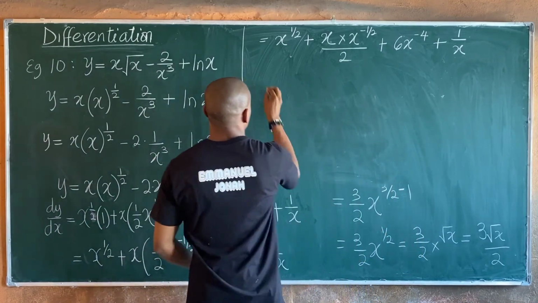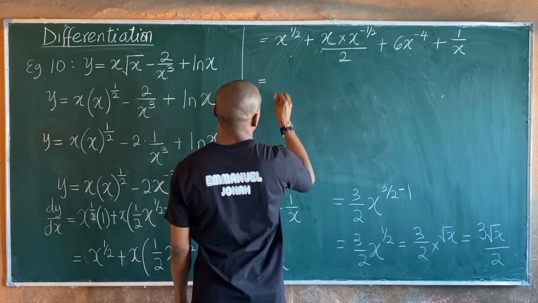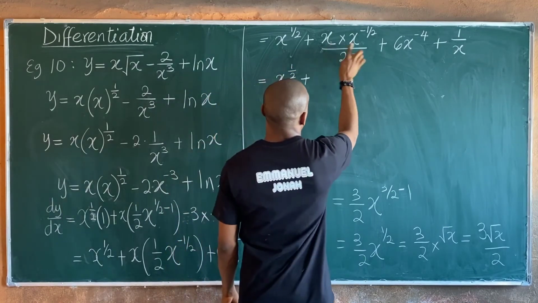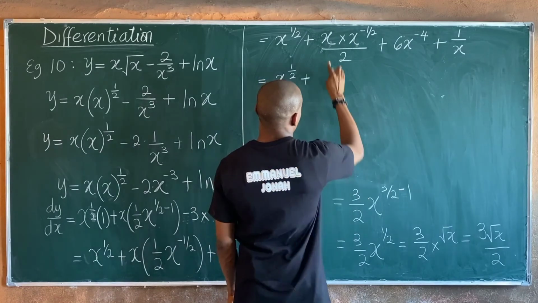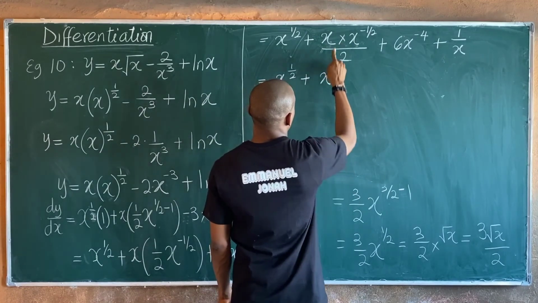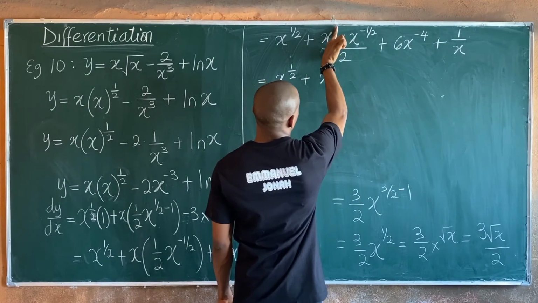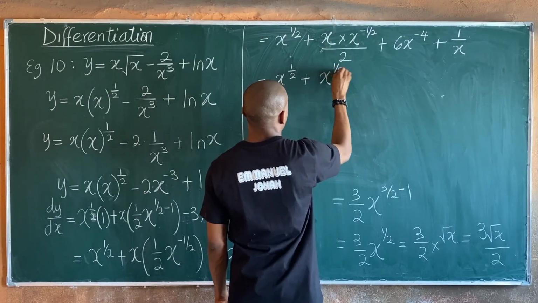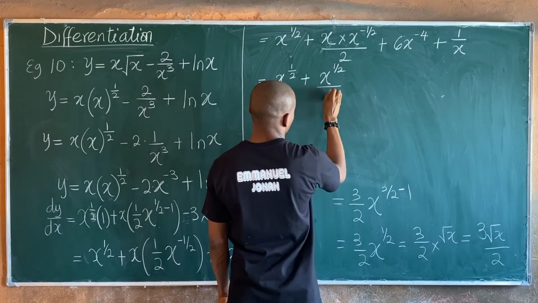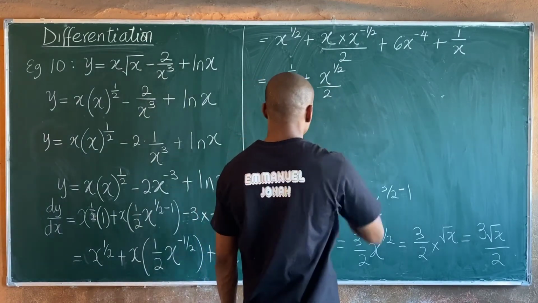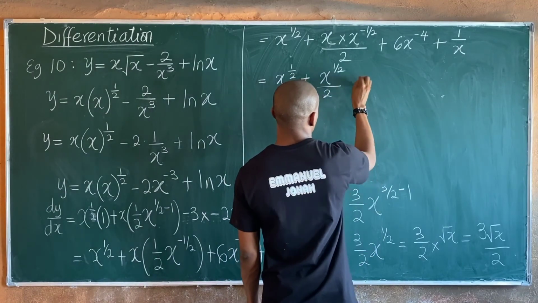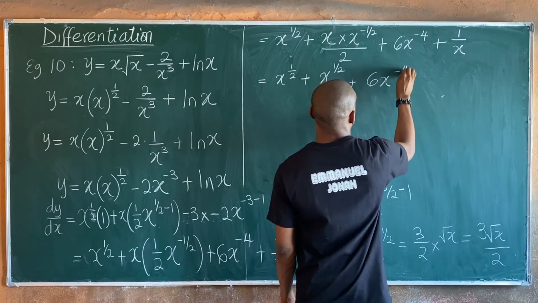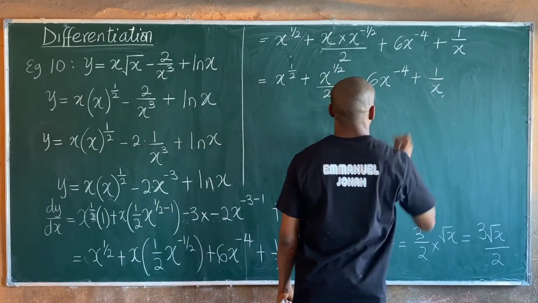I'm now having this as being equal to x power 1 over 2 plus, they are multiplying, so you add the powers. If I add the powers, it gives you x to the power, this is 1, alright, 1 minus half gives you 1 over 2, all over 2. So I have this here, plus 6x to the power minus 4 plus 1 over x.